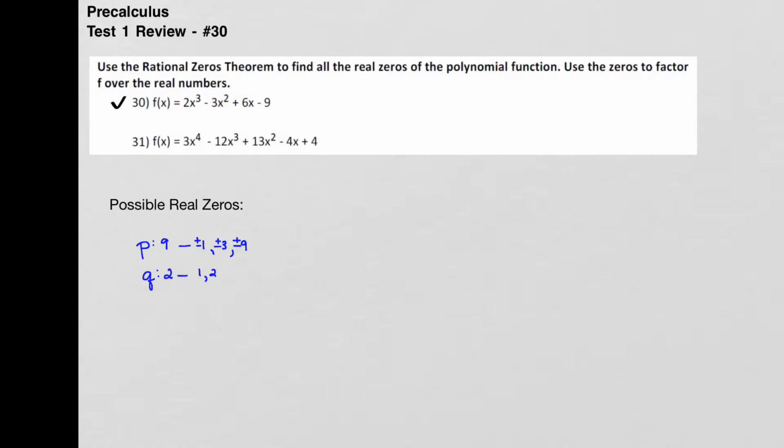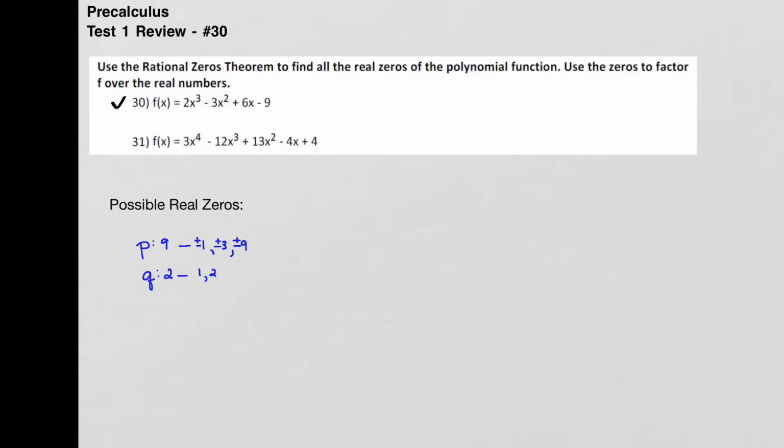And I don't bother putting a plus and minus on those because that just gives us an extra long list with a lot of doubles in it. So my possible real zeros then, I could take each value for P and put it over each possible value for Q.